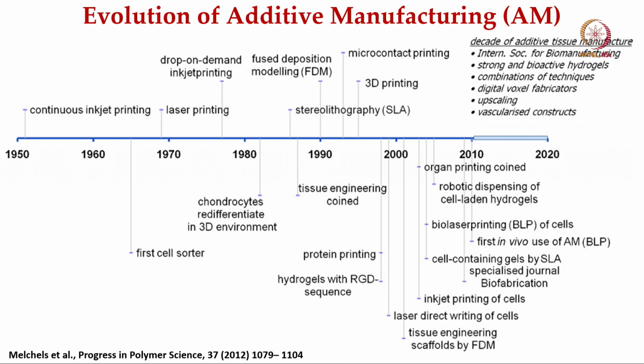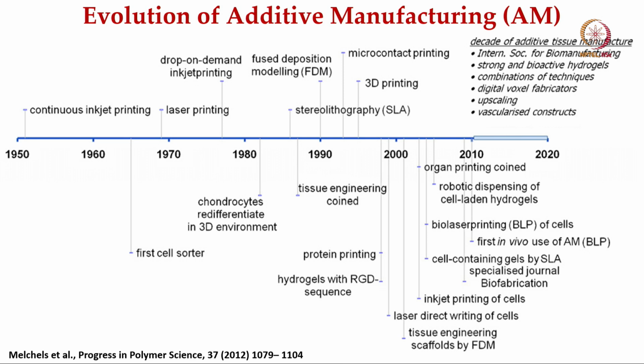After 1980, it was discovered by researchers that chondrocytes, that is cartilage cells, can be redifferentiated in a three-dimensional environment. Chondrocytes are cartilage cells, and if you speak to any orthopedic surgeon, he or she would immediately emphasize the importance of artificial cartilage during various orthopedic surgeries.